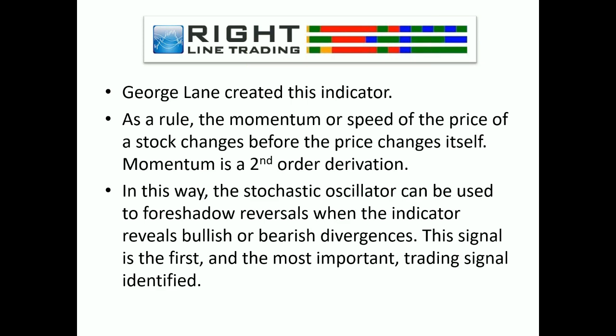And that's exactly what the oscillator is looking at. What George Lane felt was that momentum changes heralded the change in price. So when there was a divergent signal and price made an equal high or higher high on lower momentum, the market would subsequently collapse.